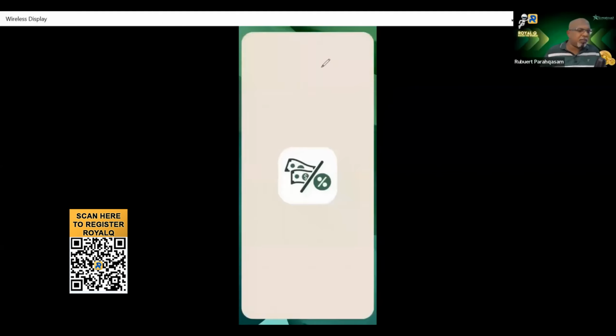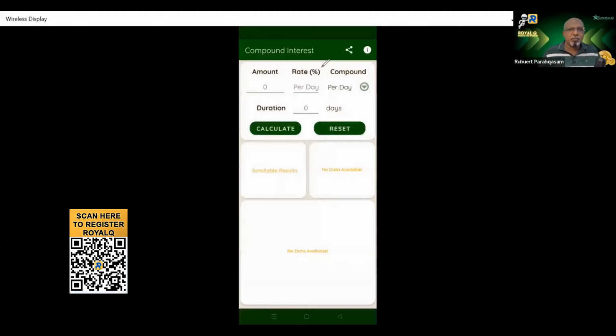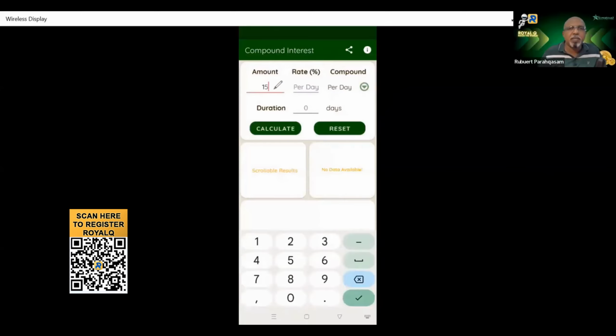Now let's take a look at this. I'm going to open that. Our first buy-in amount, $15. So I'm going to type it here. This is not per day. The rate we are going to look at is per trade. So our rate is 3%, not per day, but per trade.